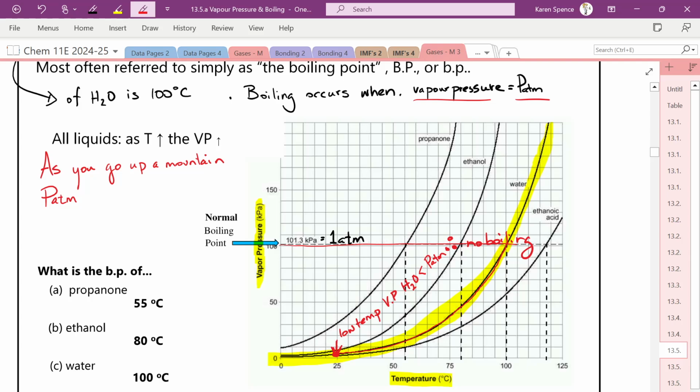First of all, think to yourself, what is atmospheric pressure? I just want to know what atmospheric pressure is.